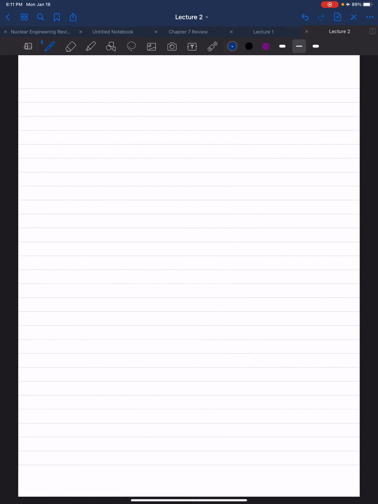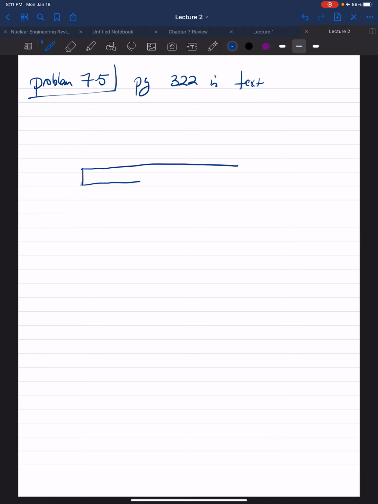So if we can, let's take a look at problem 7-5 in your text. This is on page 322. The problem states, determine the resultant internal loadings acting on the cross section at point B. So we have a cantilevered beam here with a distributed loading, triangular area.